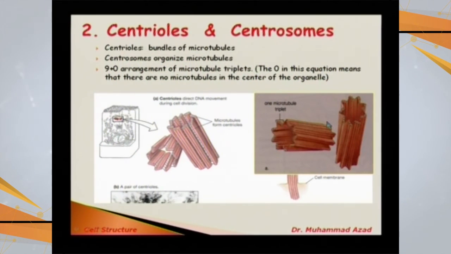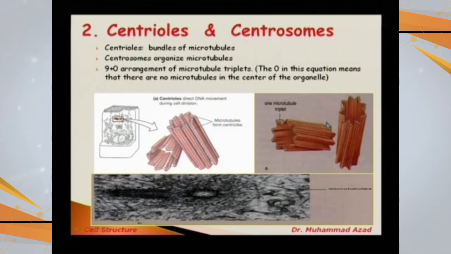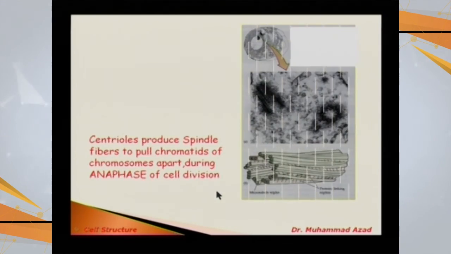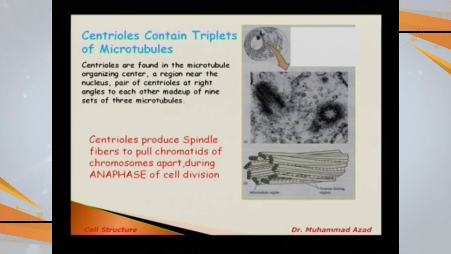Another view of these microtubules, an electron micrographic view of the microtubules present in the centriole. So what is the function of these centrioles? These centrioles are going to produce spindle fibers to pull the chromatids of the chromosome apart during the anaphase of cell division.